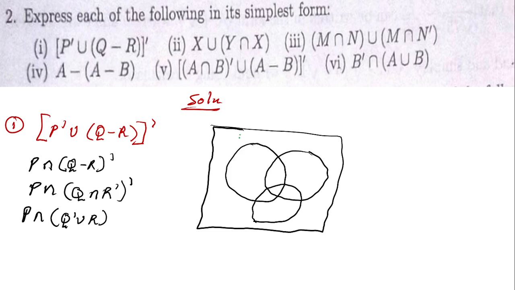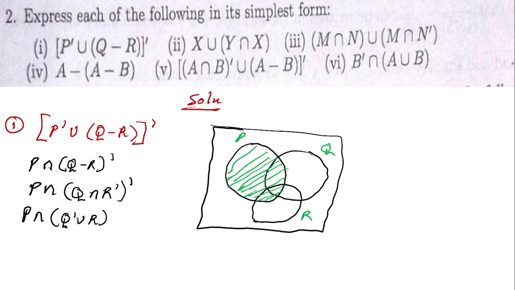So let's say this is your P, this is your Q, and this is your R. If you check set P, this one I'm shading in green. In case you want the explanation on how to shade the Venn diagram, please feel free to check out our video which I did on shading the Venn diagram under set operation.